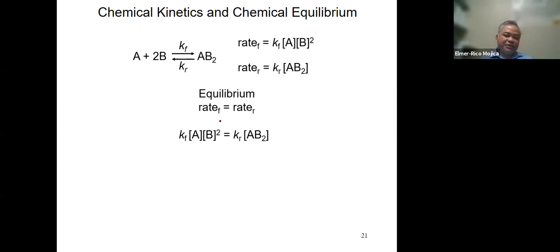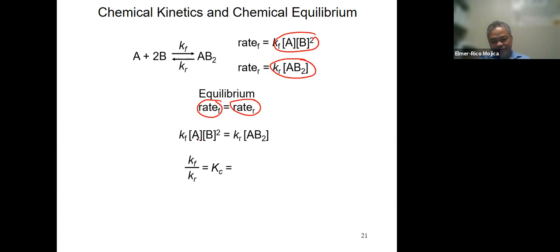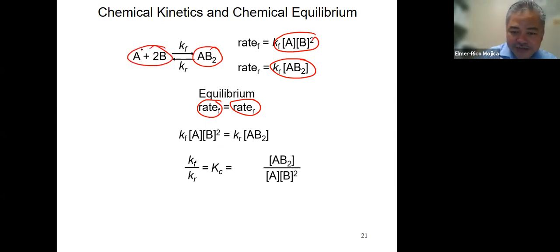We can replace this one with the expression that we have here. And what we're going to do is we put on one side the ratio of the rate of the forward reaction over the reverse reaction. And then that is just equal to your Kc. And if you're going to look at the Kc here, this is what? Product over the reactant. So you have an expression like this one.